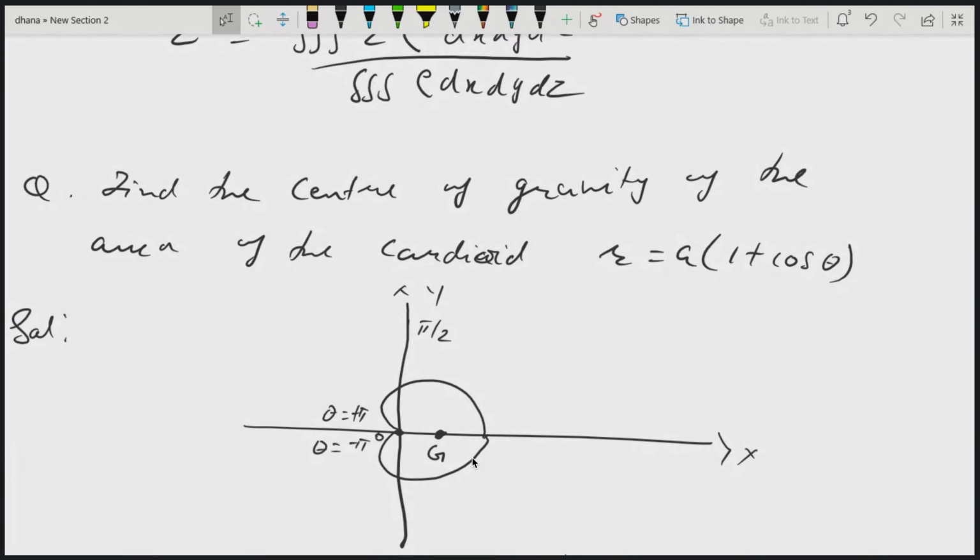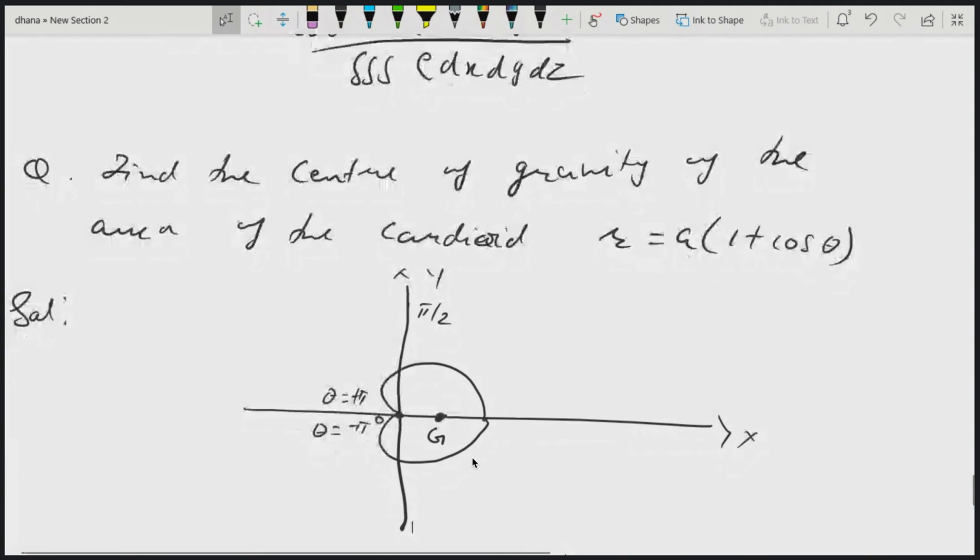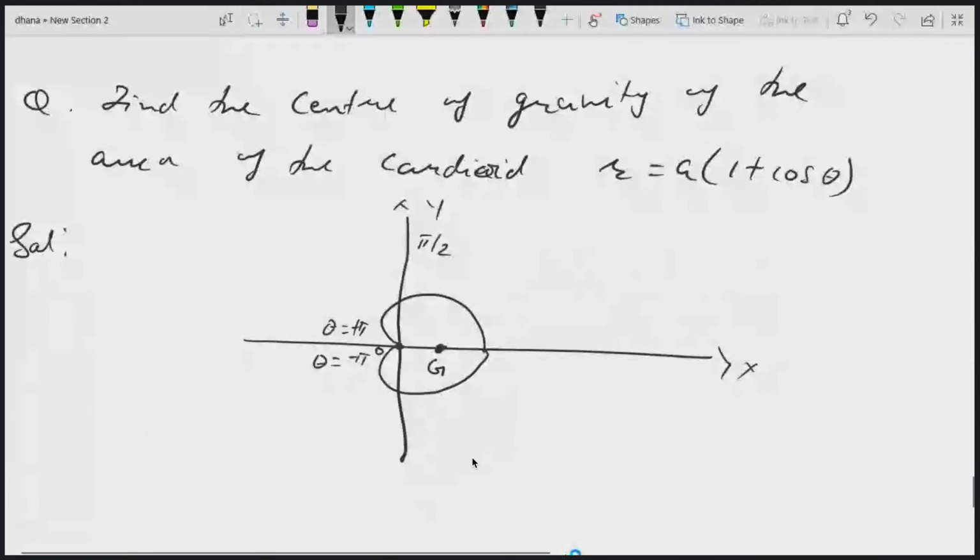Suppose some other graph is given, and the center of gravity is somewhere here, roughly, just to make you understand. Here you can't say that y bar is 0 or x bar is 0.